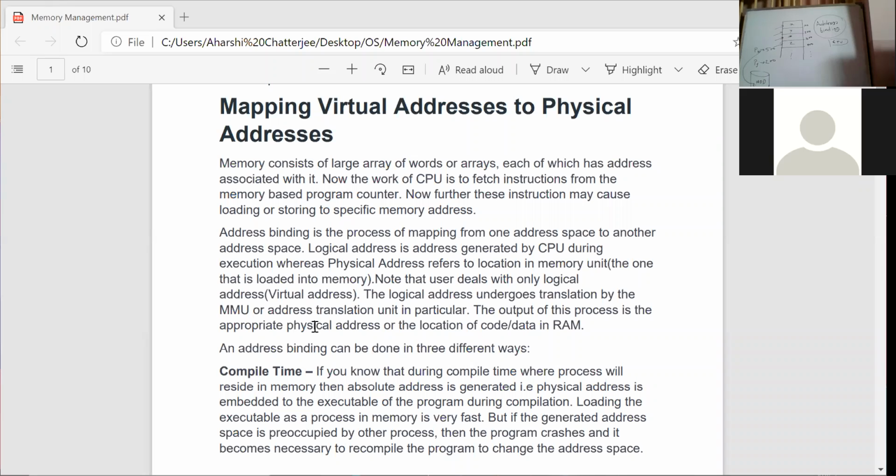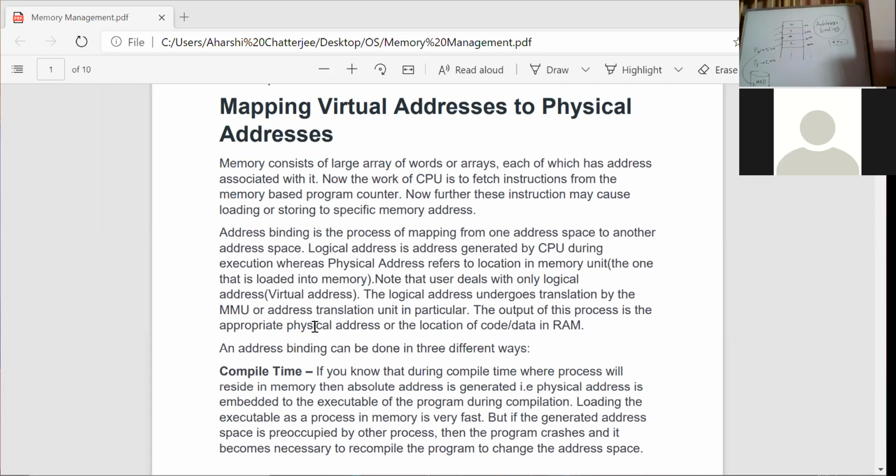Basically, listen minutely, okay? If you have any doubt, please tell me. Basically, address binding, it is a process of mapping from one address space to another address space.